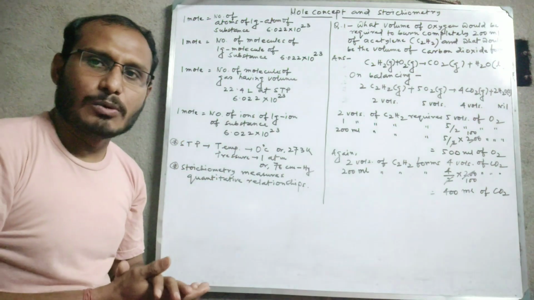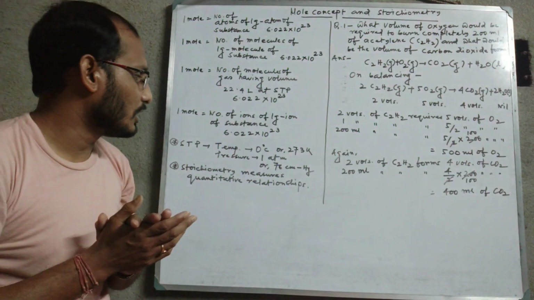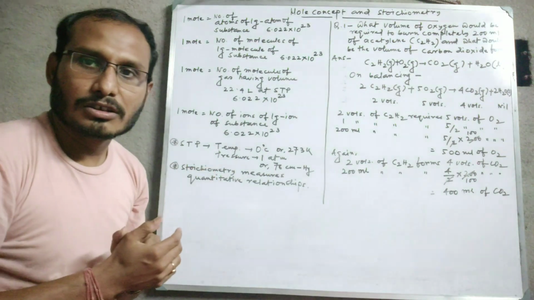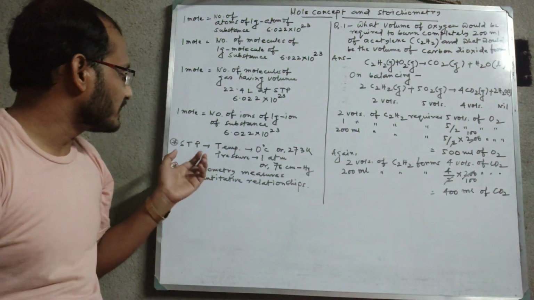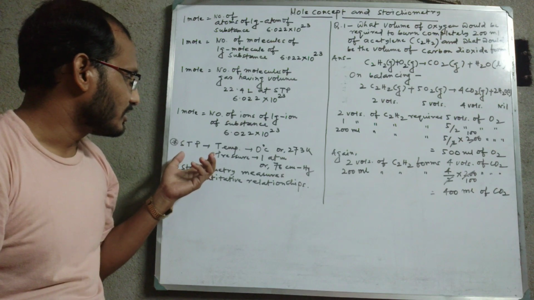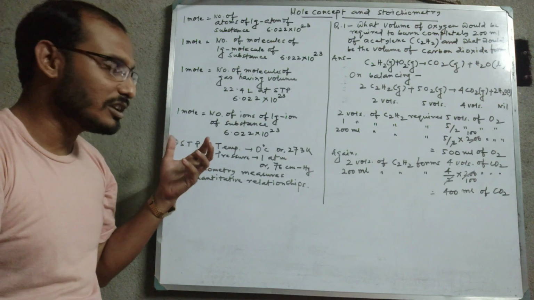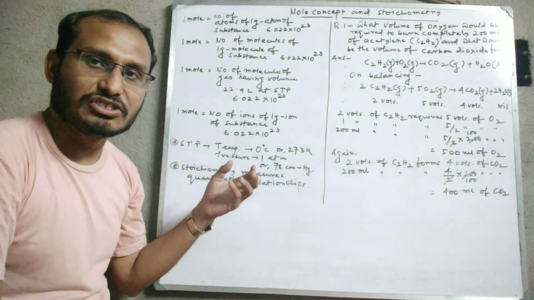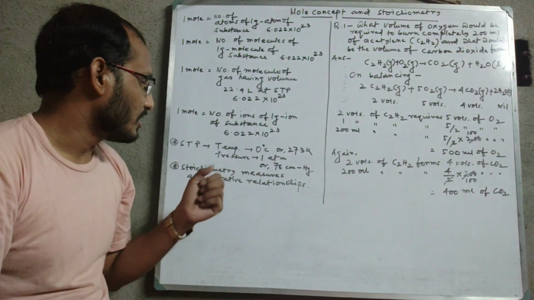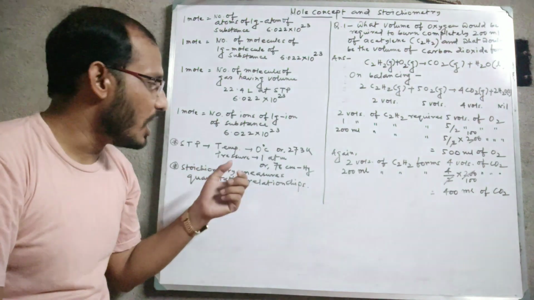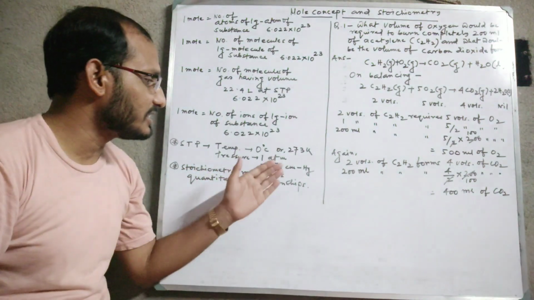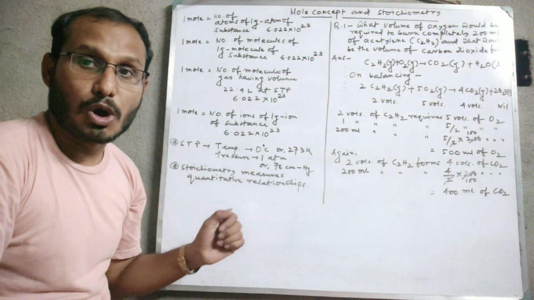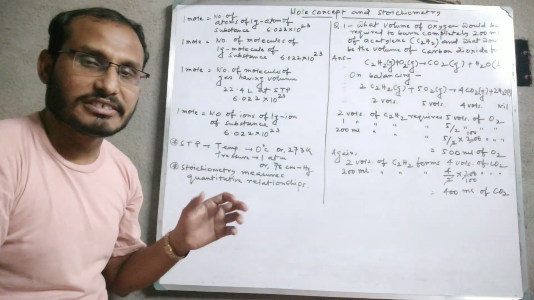One thing I want to make clear before going to the numericals, that is STP: the temperature at STP is 0 degree centigrade or 273 Kelvin, and the pressure is 1 atm or 76 centimeter Hg or 760 millimeter Hg.